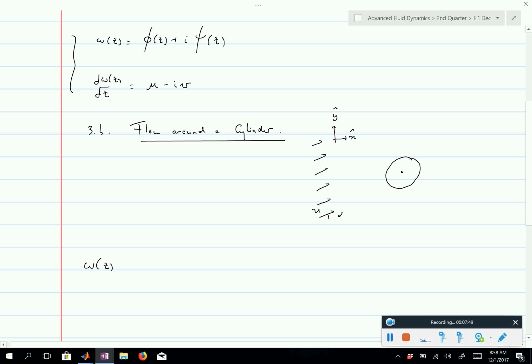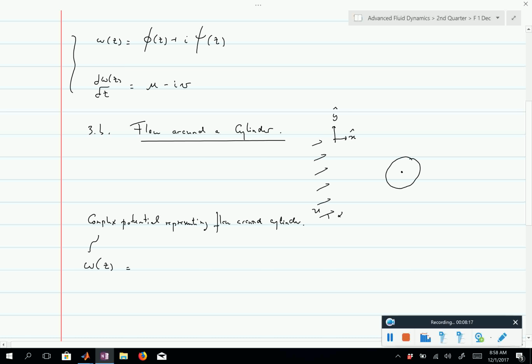So we'll do this, but using complex potentials. Now this is my complex potential for the flow around the cylinder. To build that, we have to put first a uniform flow.